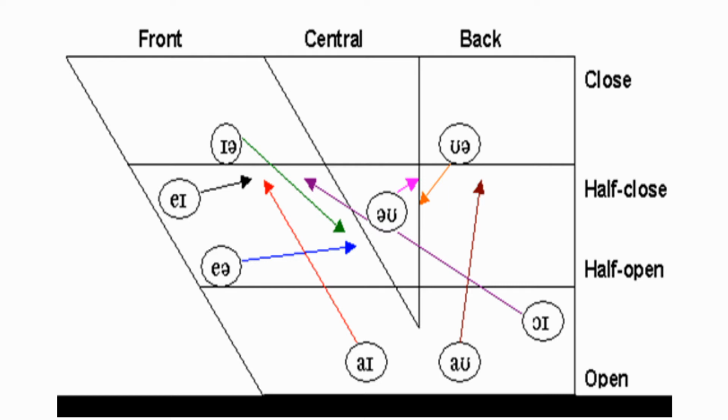Here the gliding is from a to oo, that is from open to close. You can describe this. First describe the sound a and then write gliding towards. Next describe oo. Okay, note down the description.